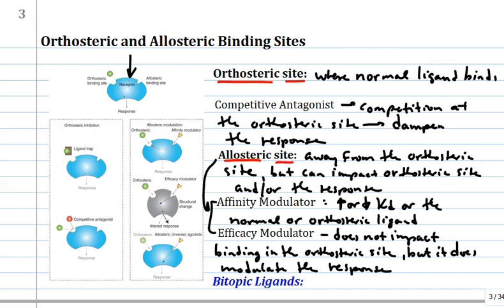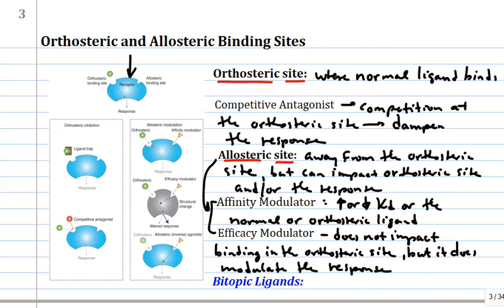The efficacy modulator binds at a site away from the orthosteric site. It does not in any way, shape, form, or fashion change the binding of the normal ligand in the orthosteric site, but it does modulate the response after the normal ligand binds to the orthosteric site. Again, big picture, we'll see some examples of this.